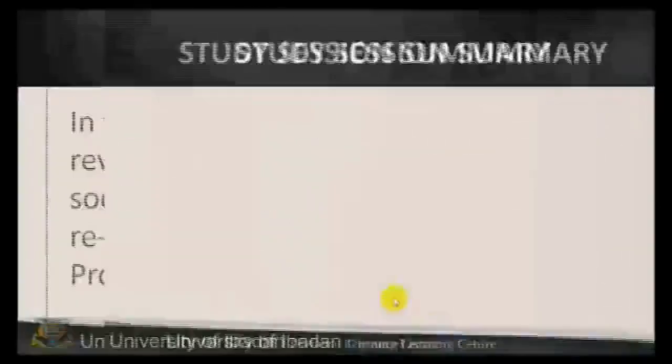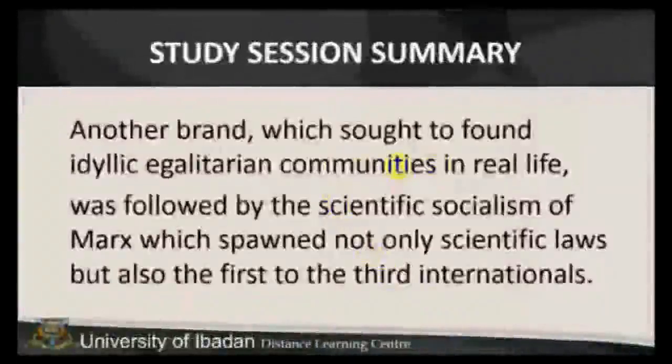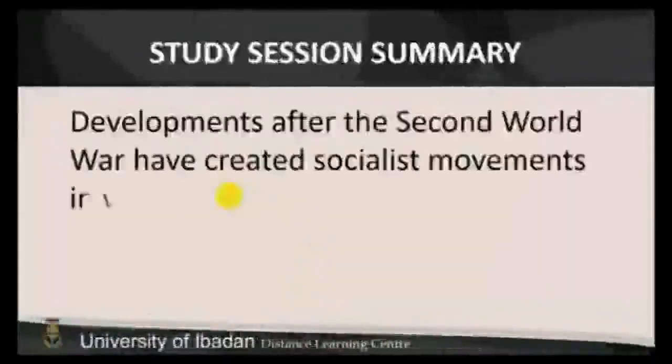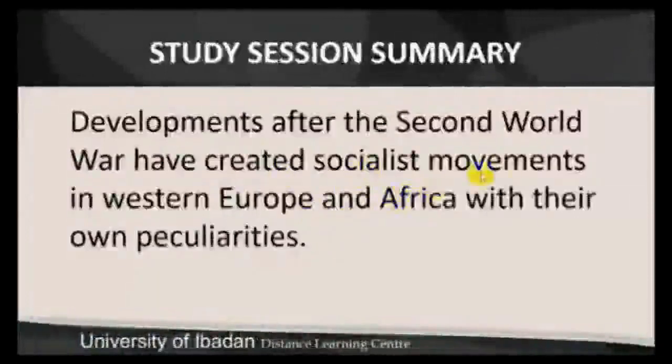Another brand, which sought to found idyllic egalitarian communities in real life, was followed by the scientific socialism of Marx, which spawned not only scientific laws, but also the First to the Third Internationals. Developments after the Second World War have credited socialist movements in Western Europe and Africa for their own peculiarities.